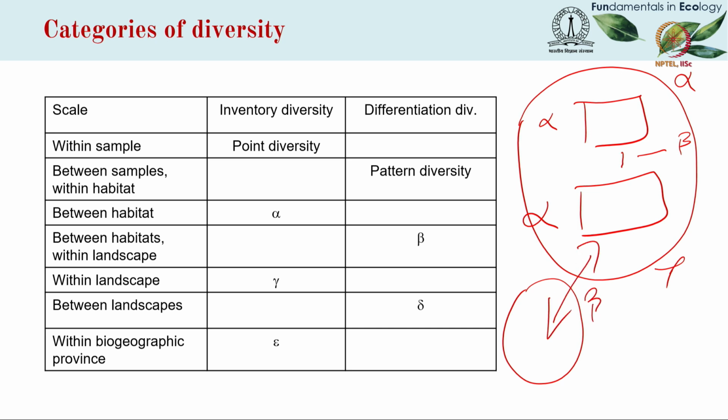So even though there are sample, habitat, landscape and province level distinctions made in the literature, there are differences in the scales to which it's applied, and it's useful for us to keep in mind that alpha, beta and gamma in some sense give us the three measures that are of interest to us and can be applied depending on the ecological questions that we have.